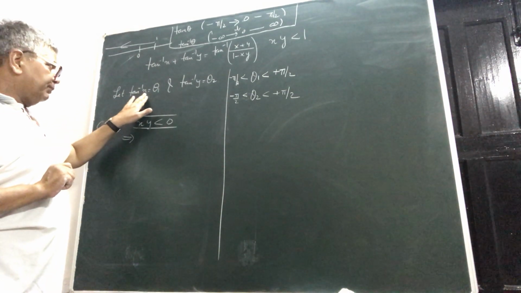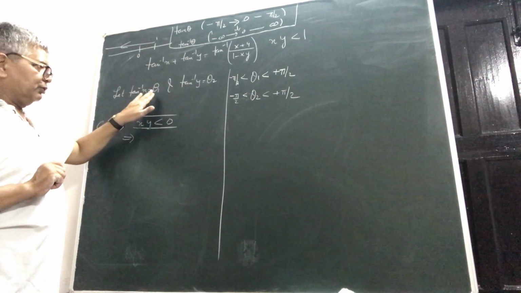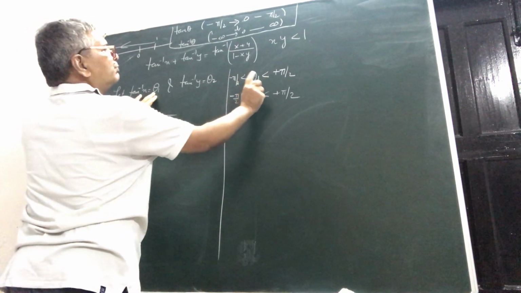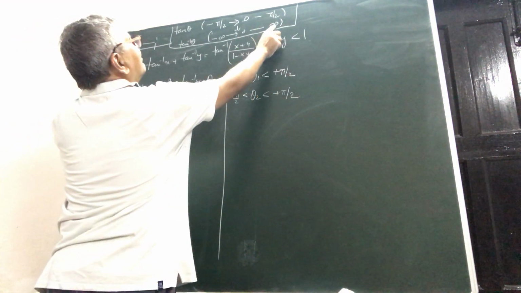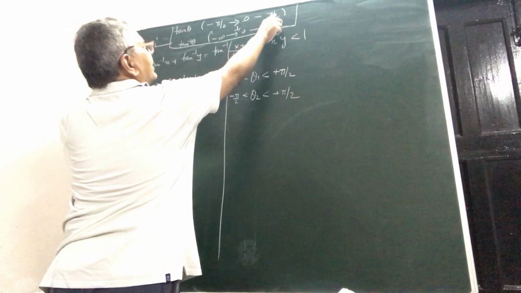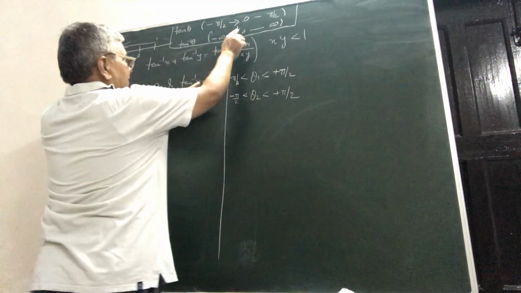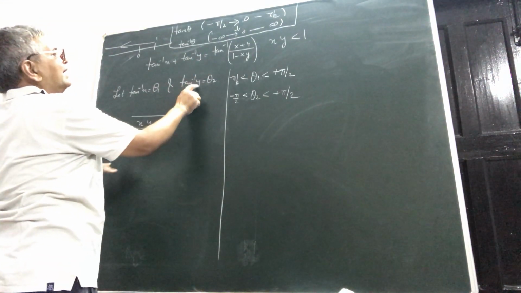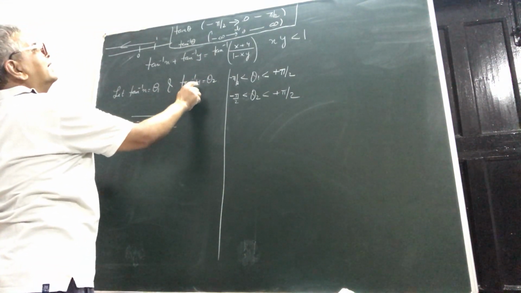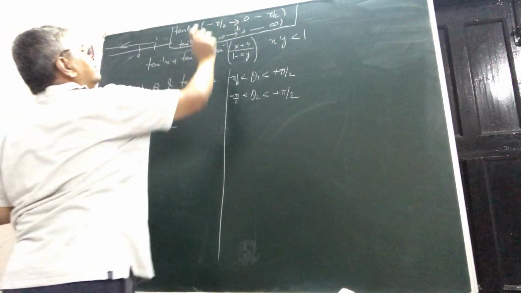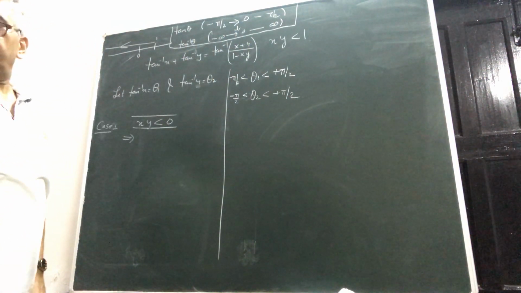If suppose x is positive, theta 1 will lie between 0 and pi by 2. And theta 2 will lie on the other side, because if y is negative, the value will be between minus pi by 2 and 0.